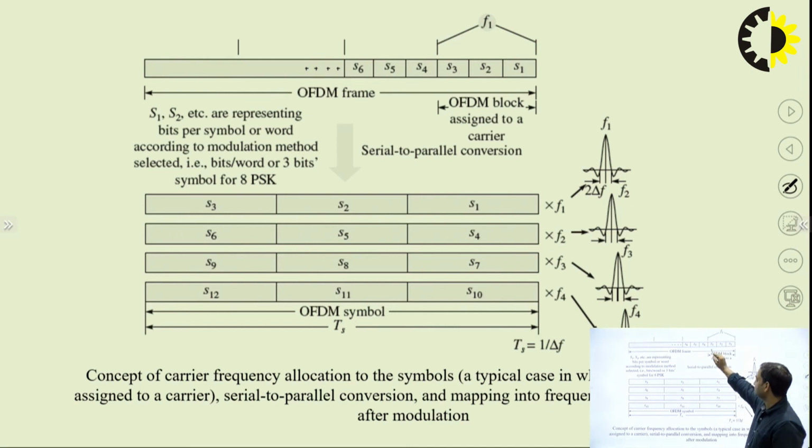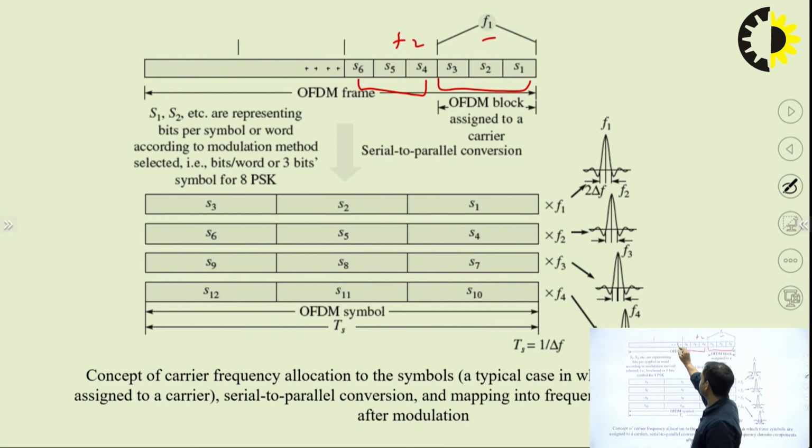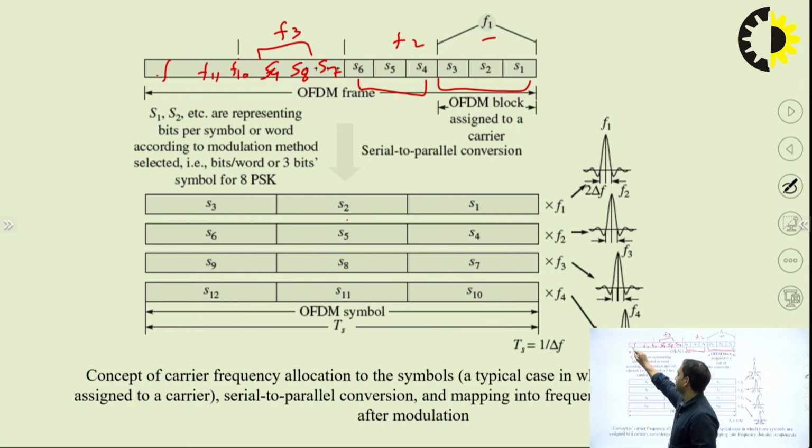S1, S2, S3 are using frequency F1 to modulate, S4, S5, S6 are using the frequency F2, then S7, S8, S9 are using the frequency F3 for the modulation, and S10, S11, S12 are using frequency F4 for the modulation.